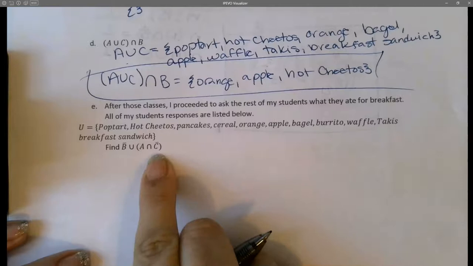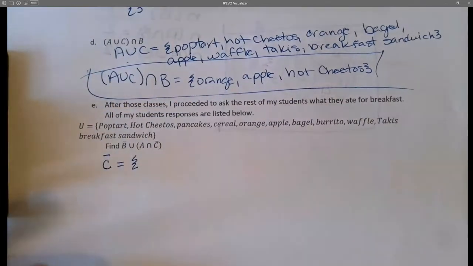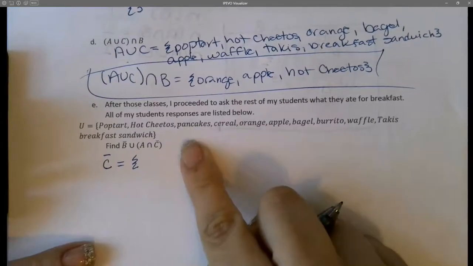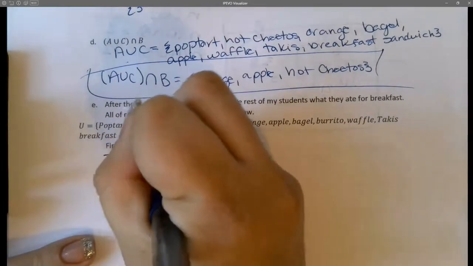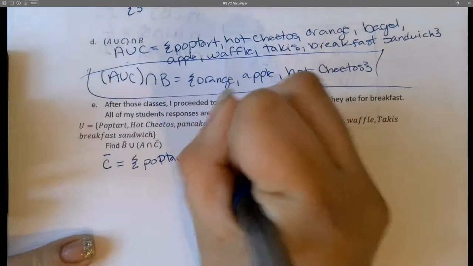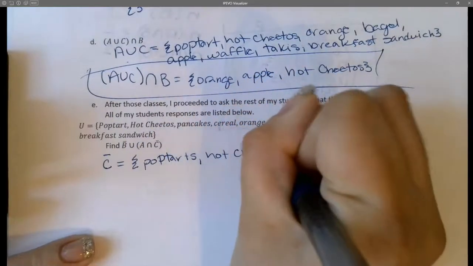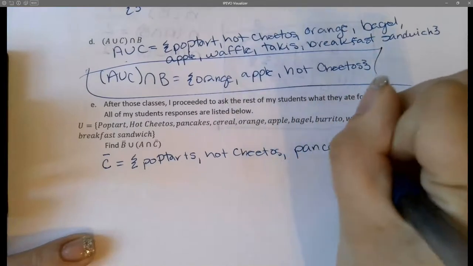I'm going to start with my complement of C. So this is where I want to write out everything that was not in C from this new universal set. So I didn't have Pop-Tarts. I didn't have Hot Cheetos in C. I didn't have pancakes.